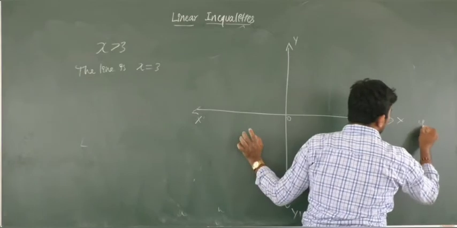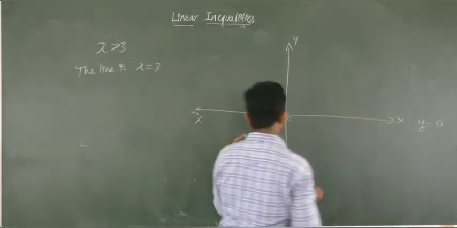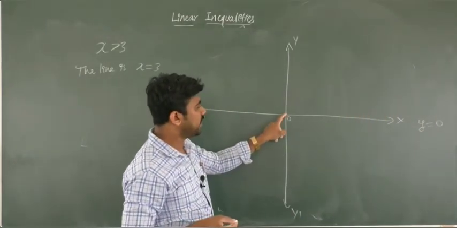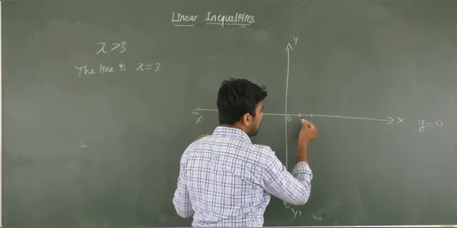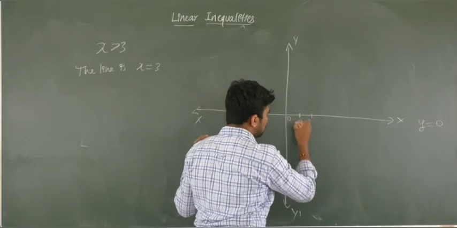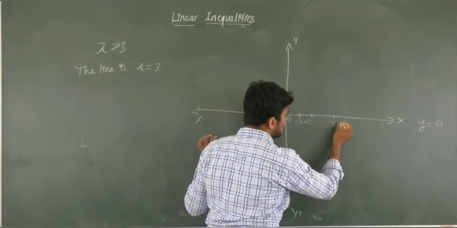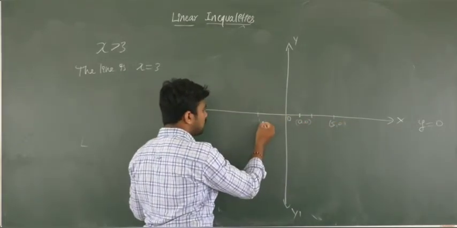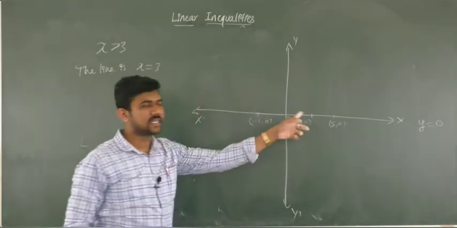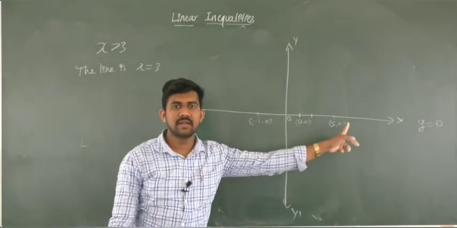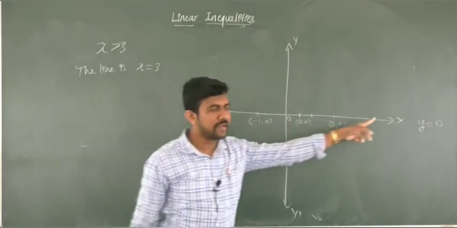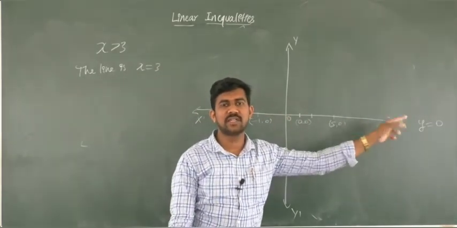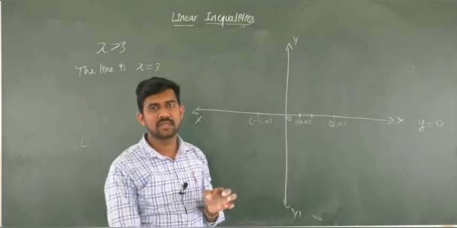Always remember, y is equal to 0, because here the y coordinate is 0. Any point on this line is in the form a comma 0, like 5 comma 0, minus 1 comma 0, right? So any point on this line has y coordinate 0. So the equation of the x-axis is y is equal to 0.